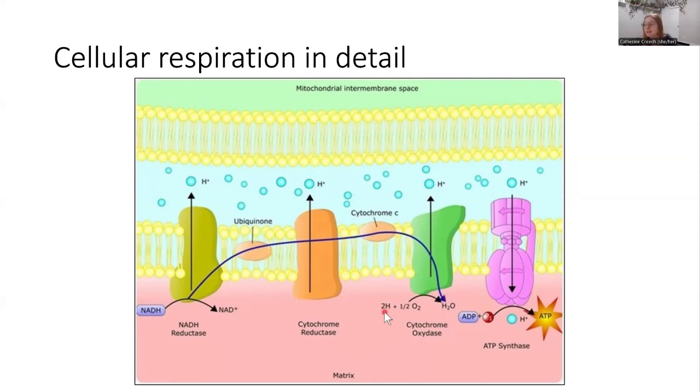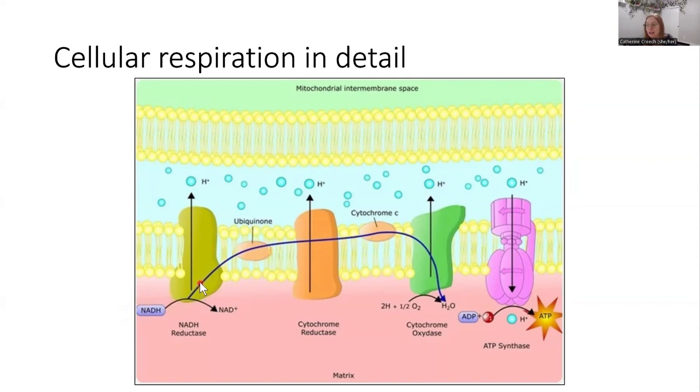And as it does, we combine hydrogen to the oxygen and we produce water as a waste product. The big key here is oxygen is required for the electron to exit the electron transport chain. If there is no oxygen, electrons cannot exit, and that means electrons cannot enter.